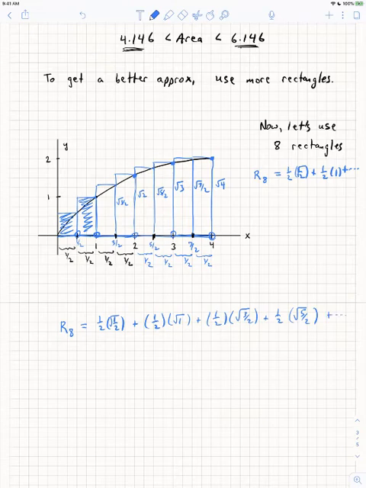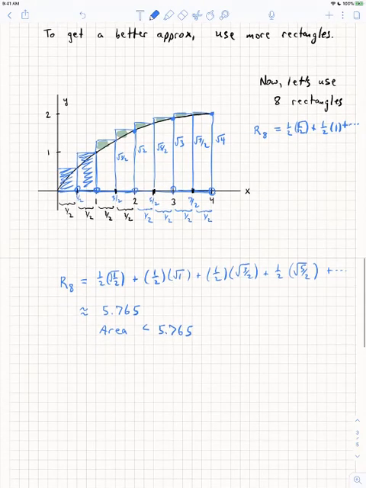And I'm running out of room here, but if you add all these together, you're going to get approximately 5.765. And again, this is a little bit too much because you can see that these things have a little bit more area than you want. So what you get is that the actual area is less than 5.765.